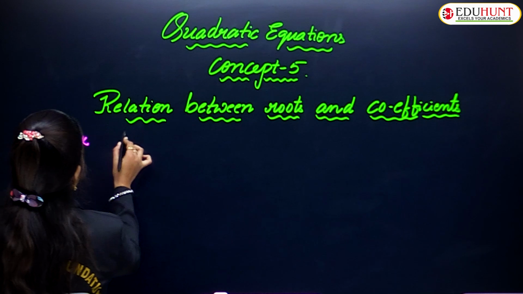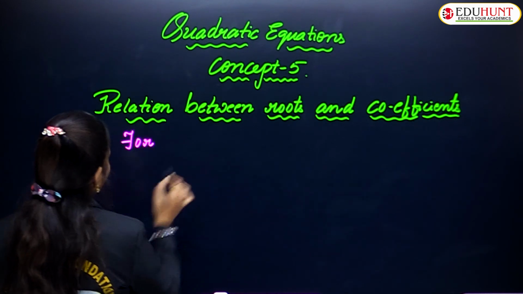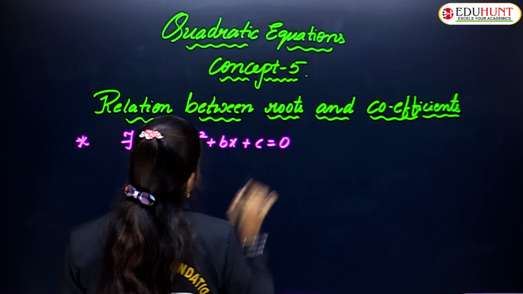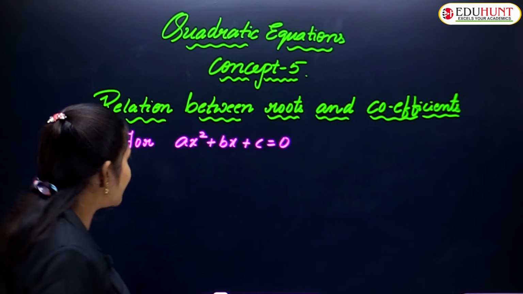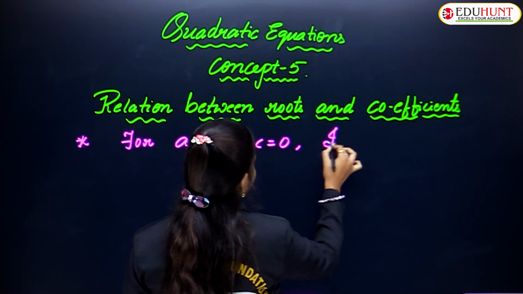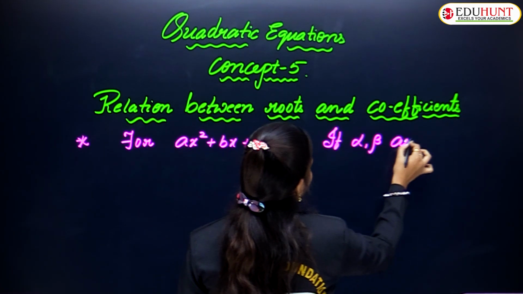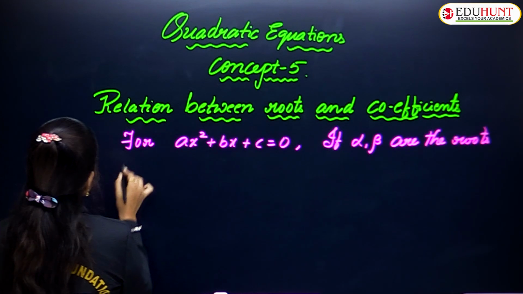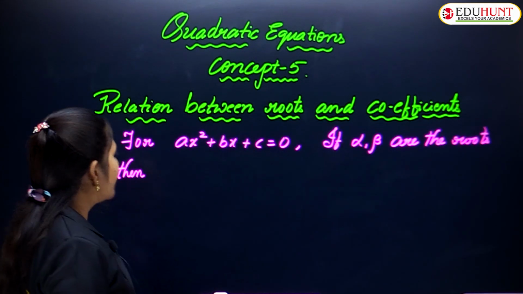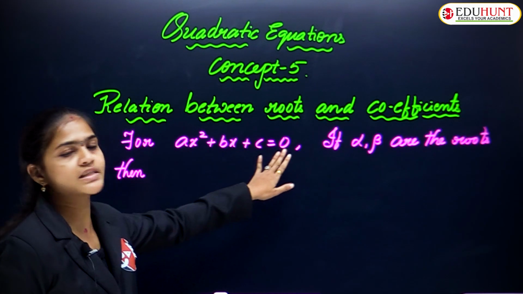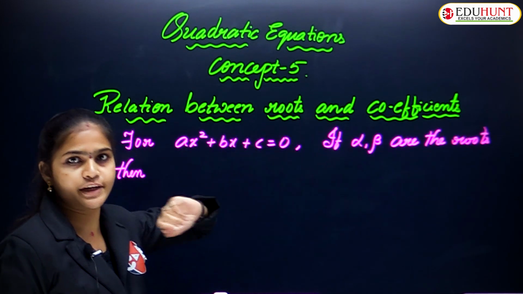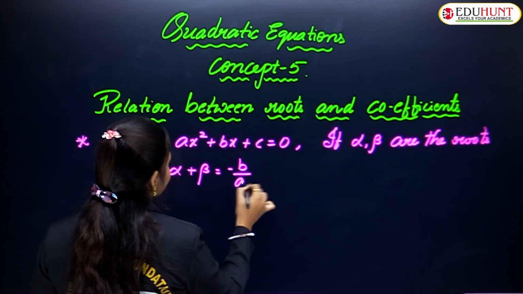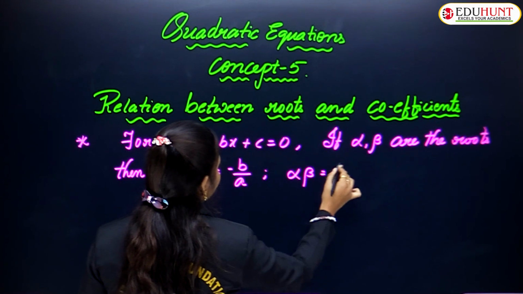Let us say that for the quadratic equation ax square plus bx plus c is equal to 0, if alpha comma beta are the roots, then we know this condition: alpha plus beta is equal to minus b by a, and in the same way, alpha beta is equal to c by a.